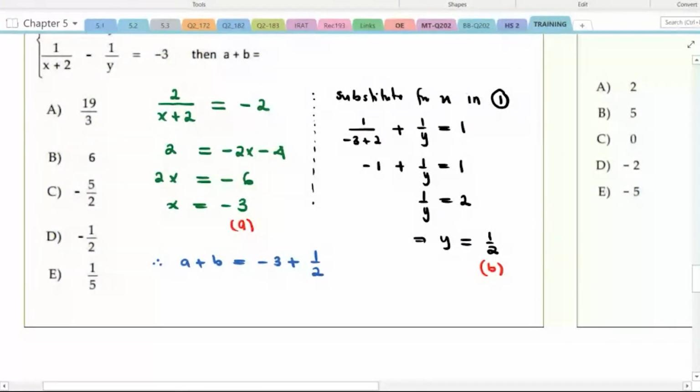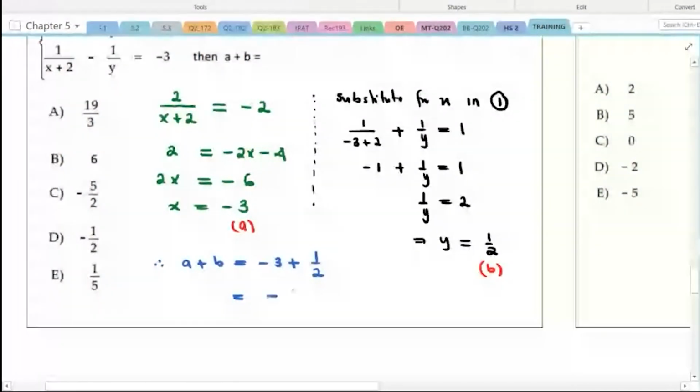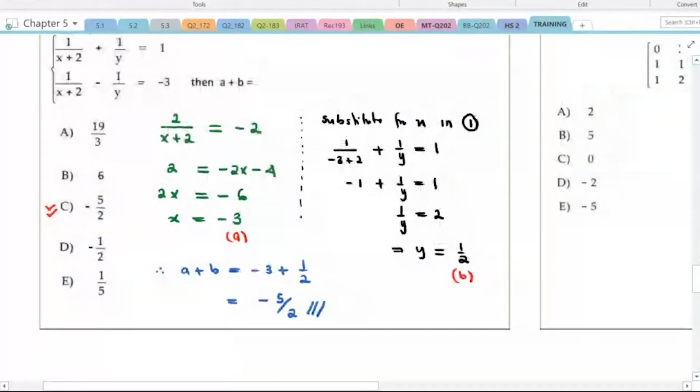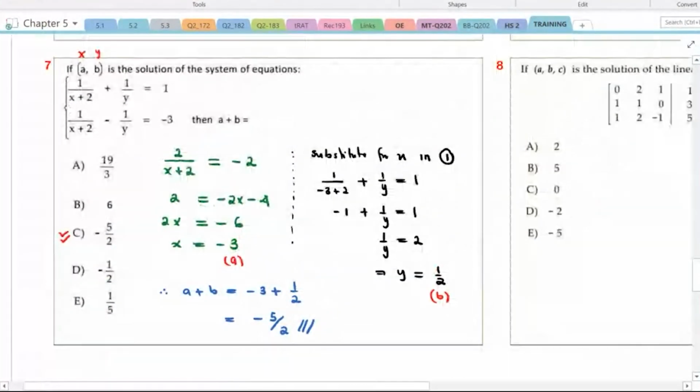You can put it in terms of LCD, -6 over 2, right? And that is going to give us -6 plus 1, which is equal to -5. So the answer is going to be -5 over 2. And gentlemen, that is our beautiful answer. So the answer here is actually C. Is there any question here, gentlemen?